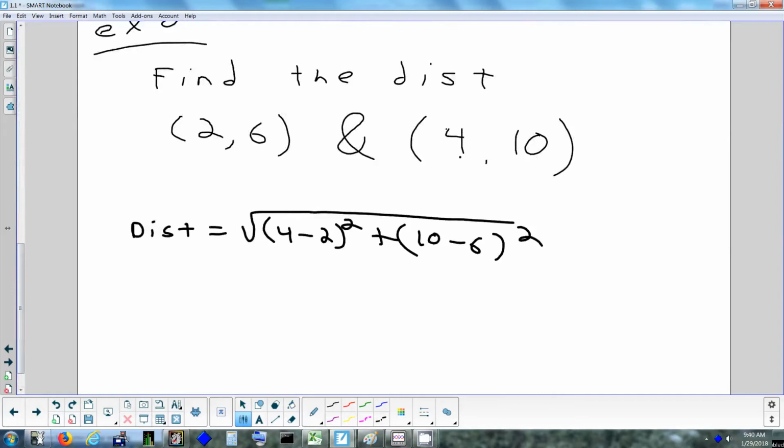You're finding 2 sides of a triangle. That's what these calculations are. And then you're plugging those numbers into the Pythagorean Theorem. That's all you're really doing. 4 minus 2 is 2. Squared gives me 4. 10 minus 6 is 4. Squared gives me 16. Square root of 20, you've done everything right up to this step.